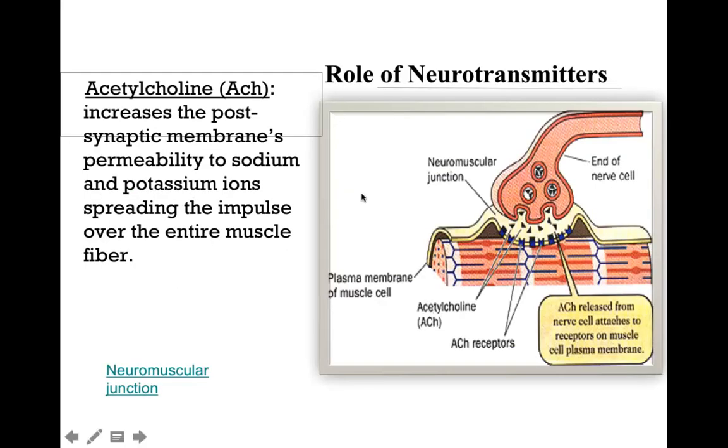One of the neurotransmitters is acetylcholine, or ACH. Basically what this does is change the membrane's permeability to sodium and potassium ions. This is a little technical with the biochemistry, but I included this slide because we did talk about membrane permeability in the previous lecture and the importance of sodium and potassium.